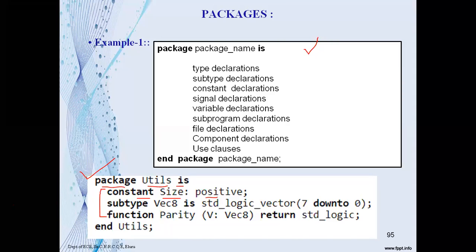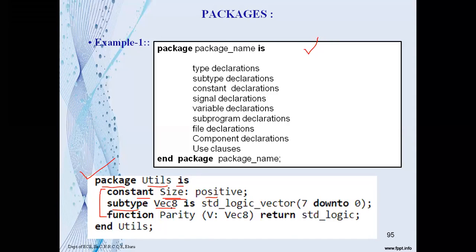So in this package declaration example, we are declaring size. The size is a constant and its data type is positive. And see the second one, subtype. Here vector 8 is an object name.